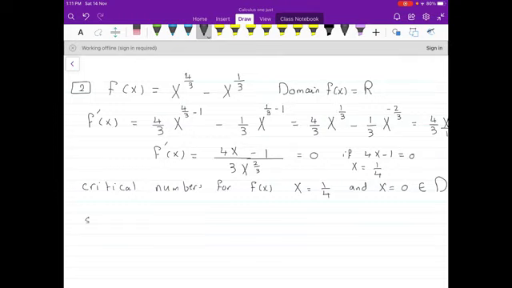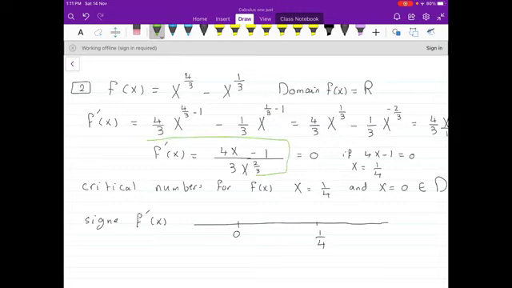Now, study the sign for f prime of x. We want to study the sign for f prime. Choose a number greater than 1/4, like 1. 4 times 1, 4, minus 1, the sign is positive, with the denominator positive, so the sign will be positive.